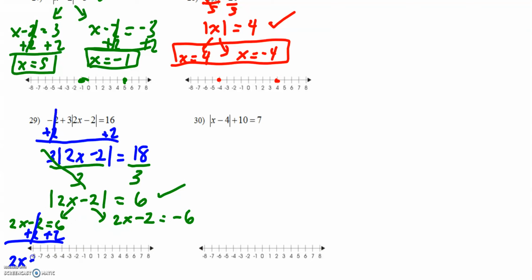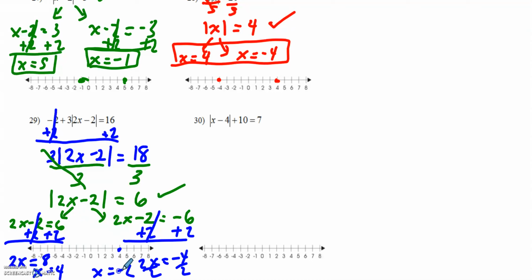So I'd have 2x equaling a positive 8. So one answer is x equals 4, which will be here. And this one, if I added the 2 on both sides, I would get 2x equals a negative 4. So if I divided by 2, I would get x equals negative 2. So either my answer is positive 4 or negative 2.